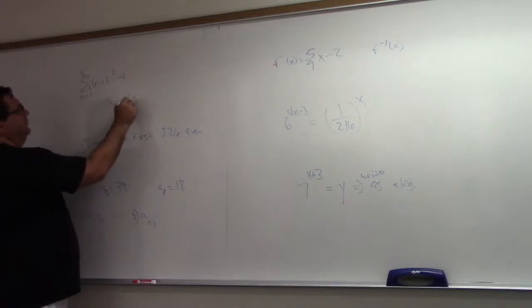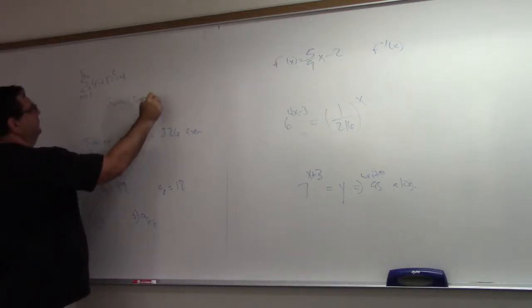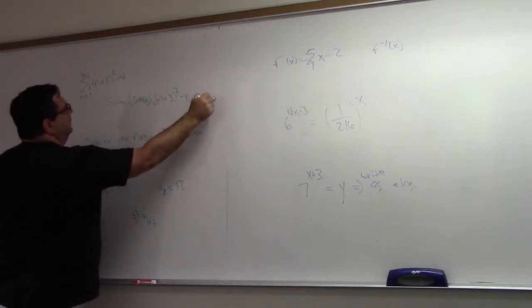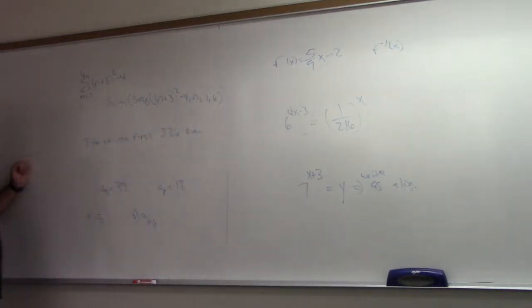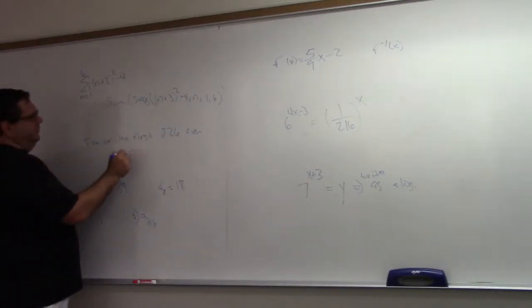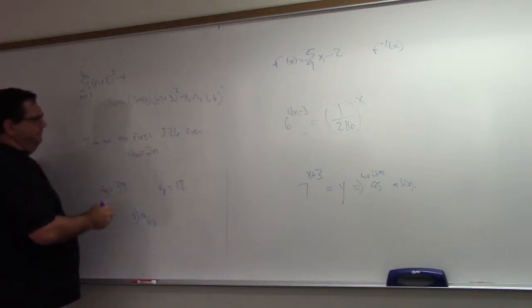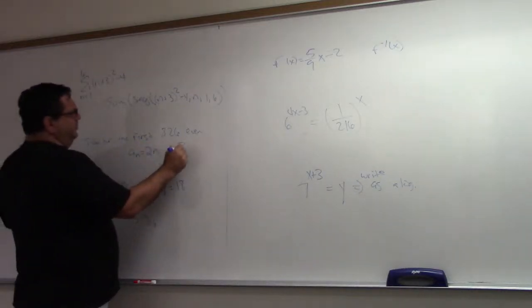So we're gonna do it with this sum sequence, n plus 3 squared minus 4n. Sum of the first 826 even terms. The even terms start with 2n. So the first one's 2.